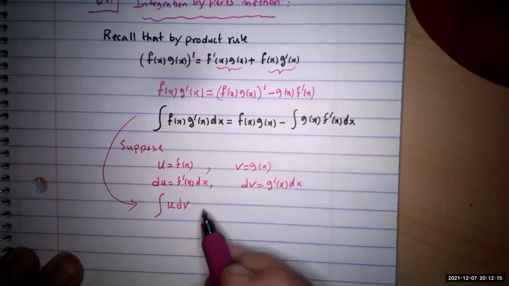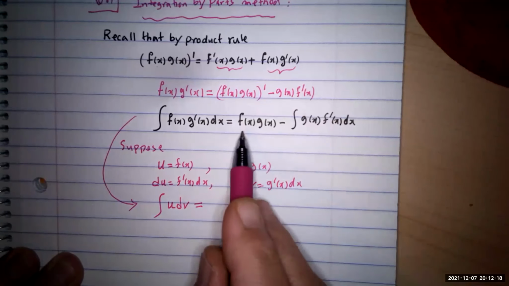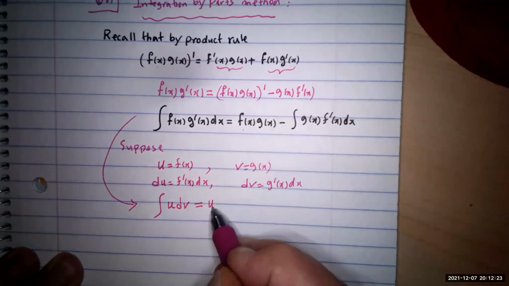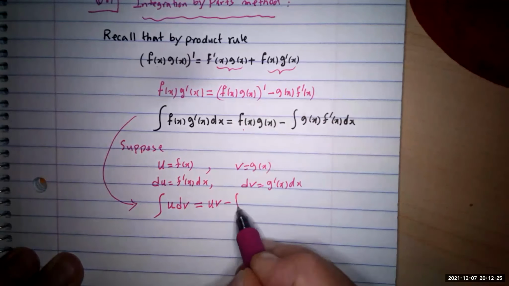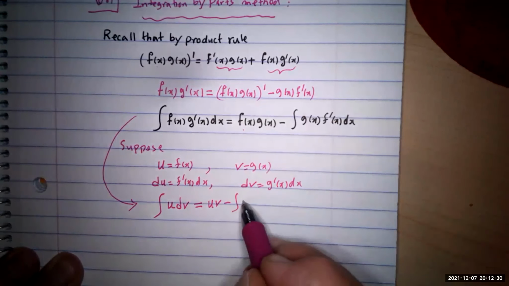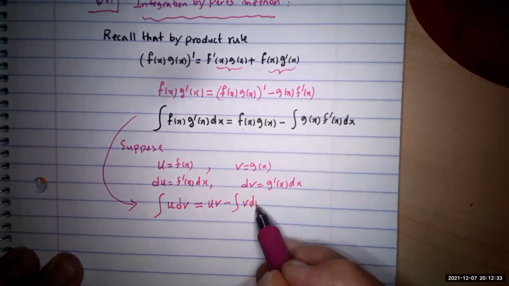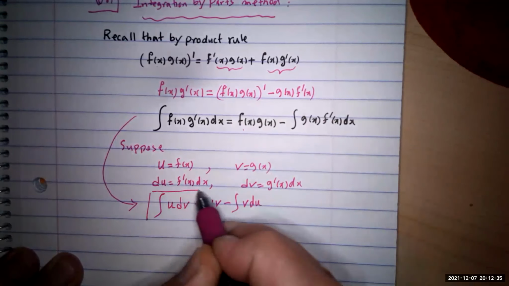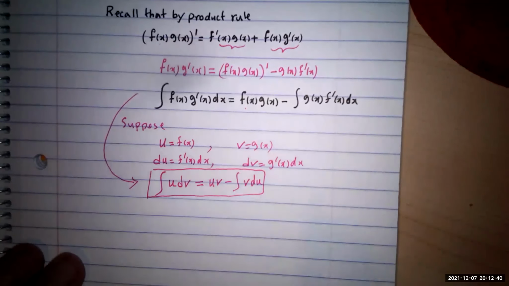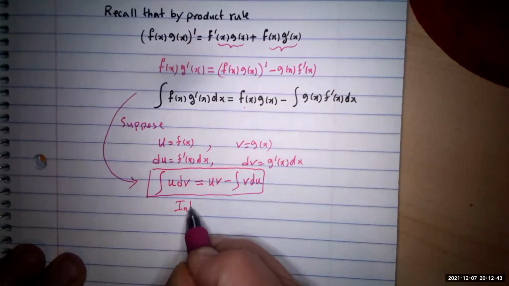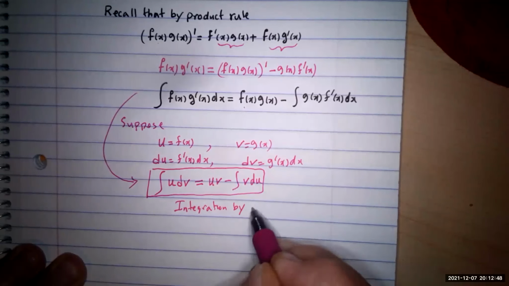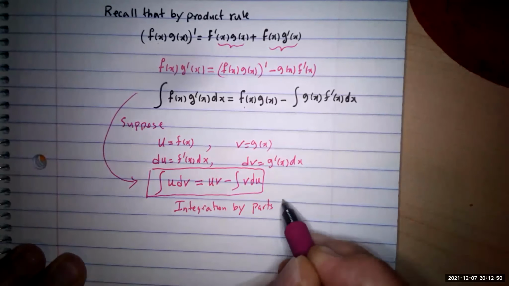So the integral of u dv is equal to f of x is u, g of x is v, u times v minus the integral of v du. This formula is going to be called the integration by parts formula.